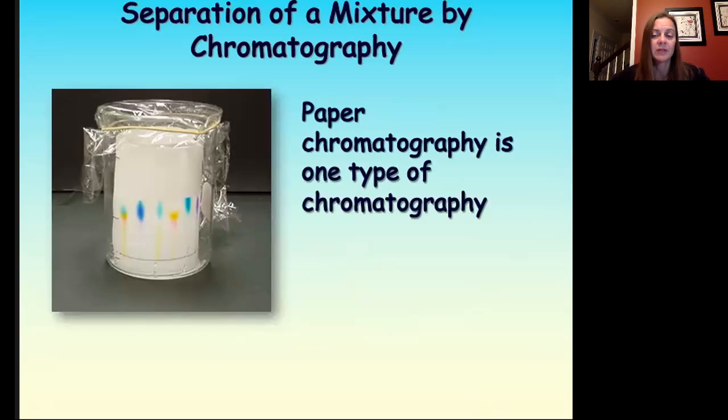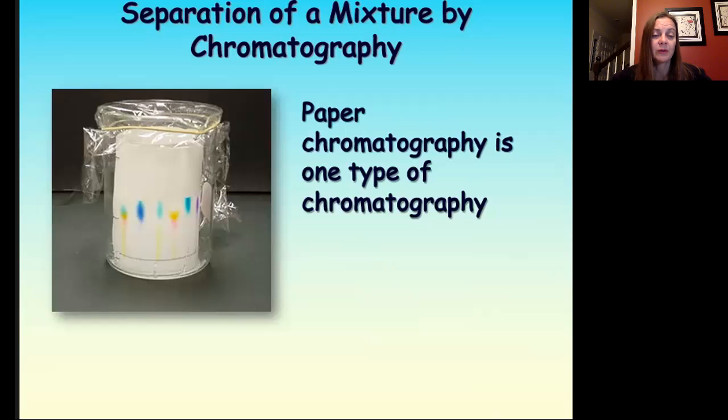And the way that chromatography works is that there are two competing attractions. The substance to be separated is going to be attracted to the mobile phase, that's the solvent, and to the stationary phase. In the case of paper chromatography, that's the paper.